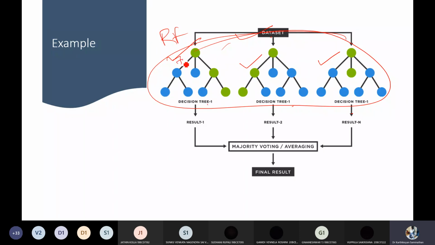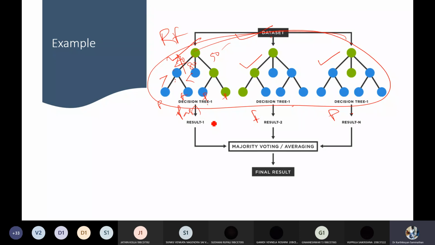If it is above 40 it is pass, below 40 it is fail. So the results are pass, fail, pass.